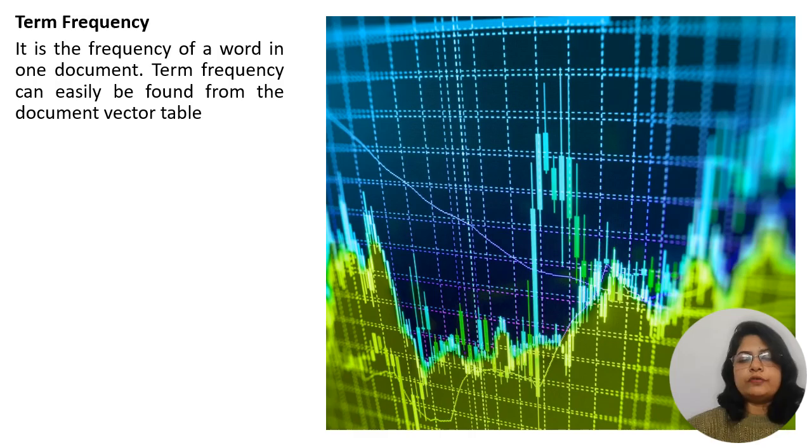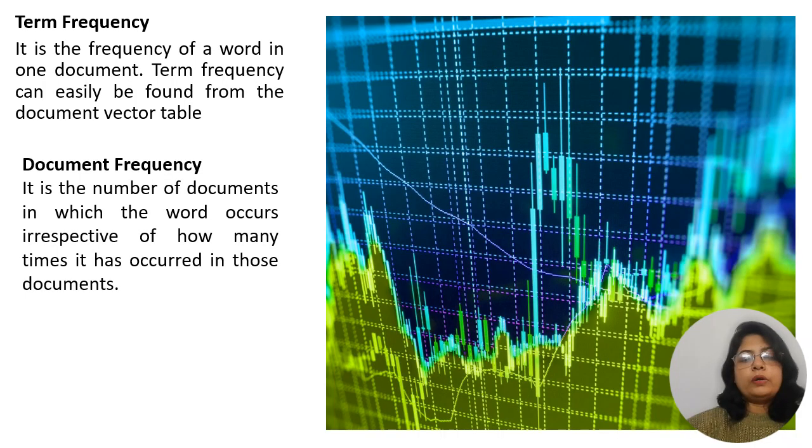Some definitions of term frequency. It is the frequency of any word in a document. Our document vector table actually gives us the term frequency. Next is document frequency. This is the number of documents in which the word occurs.